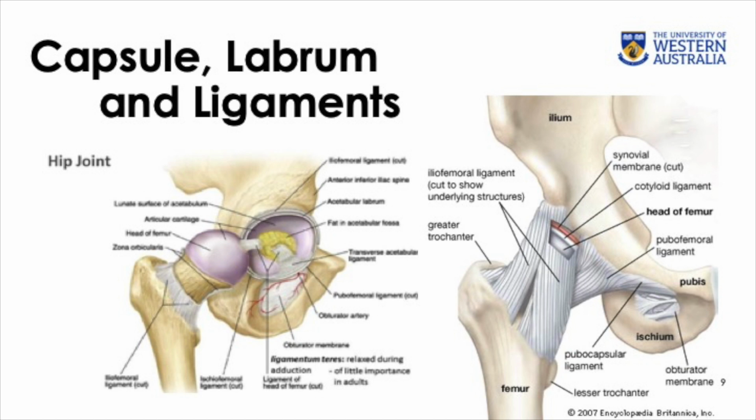The labrum is a rim of cartilage that goes around the acetabulum to provide stability for the hip and to help it contain the femoral head. Further stability is provided by the ligaments pictured here, including iliofemoral, pubofemoral and ischiofemoral.